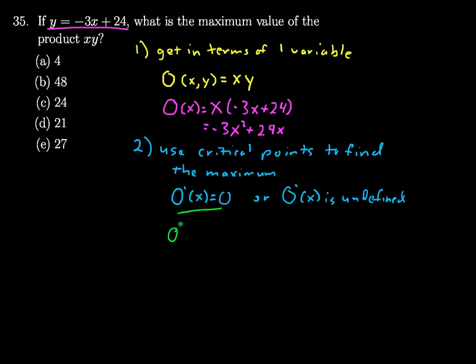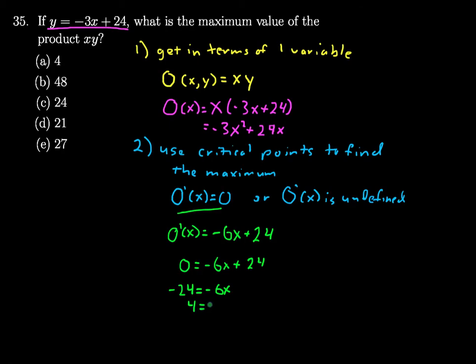The derivative is, I bring the 2 out to the front, negative 6x, plus 24. I'm looking for where this is equal to 0, so 0 equals negative 6x plus 24. Subtract 24, so we get negative 24 equals negative 6x. Divide by negative 6, 4 equals x.